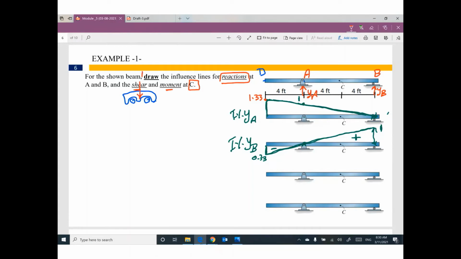How much is 1? This truck is moving from point D to point B, the start of the bridge to the end of the bridge. That's right?